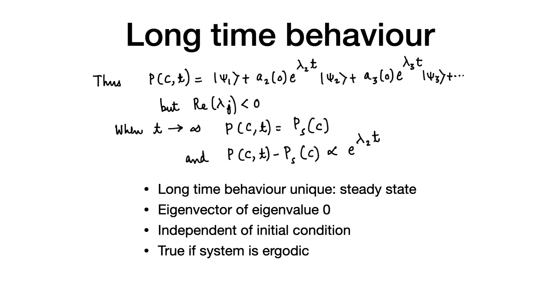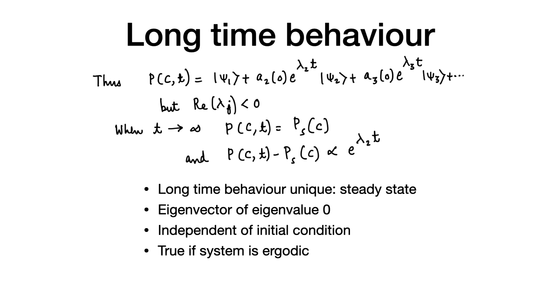Now I give you such a system and I take the limit t going to infinity. The system evolves and I look at very large time. When I look at very large time, all these terms go to 0 because they are all negative. So, what is remaining? It is only psi 1, which I called Ps of C. So, when I do the evolution for long time, independent of the initial condition, I always go to a state which is the ground state of the W matrix, which is called the steady state.